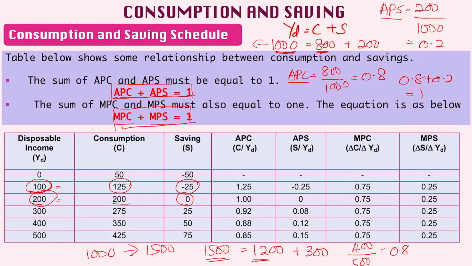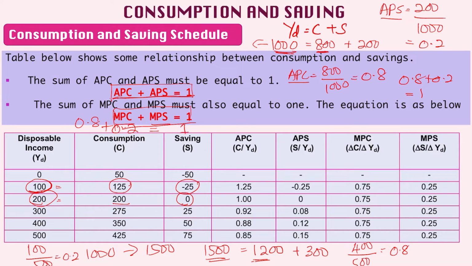Then for saving, the increase in saving is 100 divided by 500, so 0.2. So here MPC is 0.8 plus MPS is 0.2 equals 1.